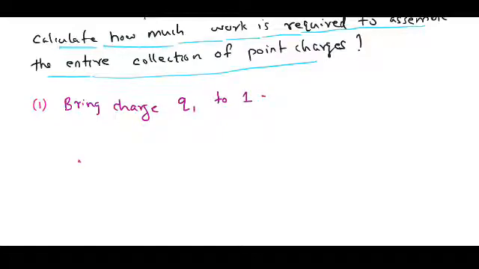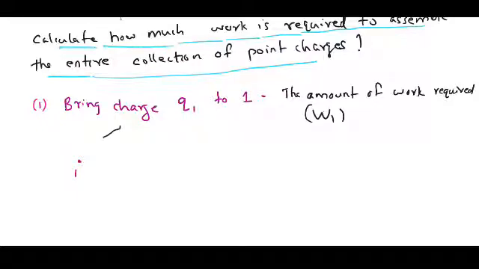The amount of work required we have to calculate, and we denote it as W1. That is, we are going to bring the charge Q1 from infinity to the point 1.